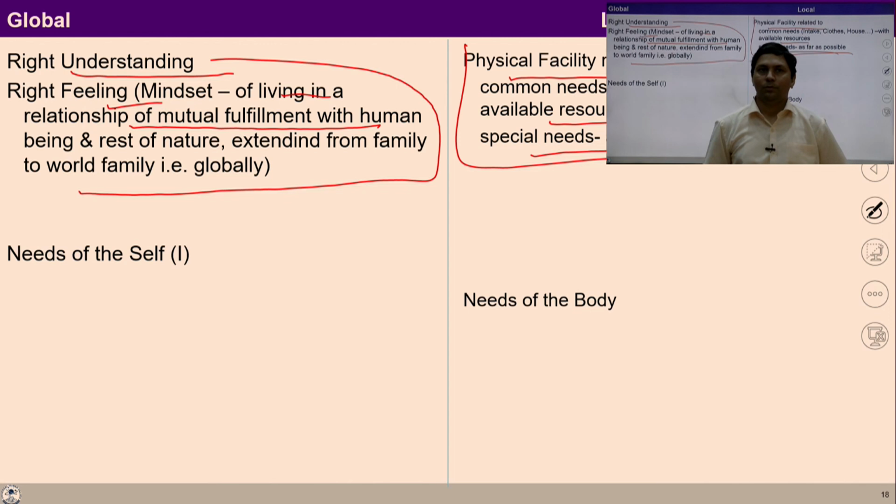So in this lecture, we talked about the prevalent production process and tried to critically analyze it, and we talked about globalization of right understanding and right feeling, and localization of physical facilities required for the body. If we ensure these points, then the prevalent problems which we are facing today, and which are increasing day by day, can be resolved with these steps.